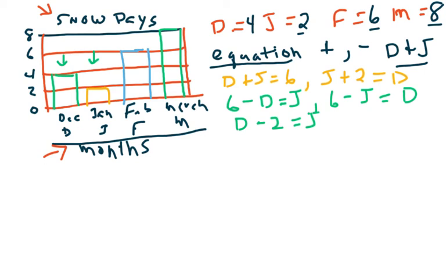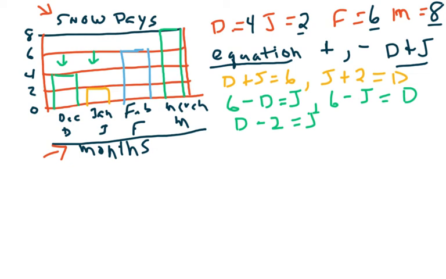All right, I asked you to write one for addition and one for subtraction. Again, there's multiple ways you could do it, but what I said was that December, which was 4, plus January, which was 2, is 6. 4 and 2 is 6. So that's an addition sentence using the variables D and J. So in December and January, there was a total of 6 days that it snowed.